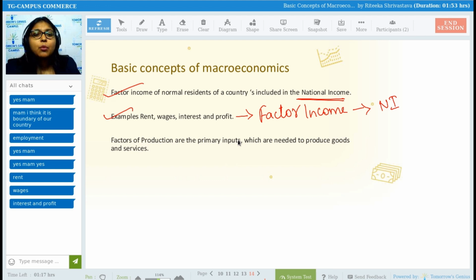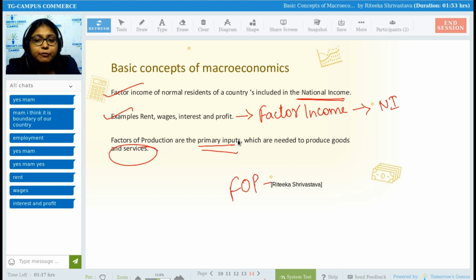So factor incomes are what? Factor incomes are the income received from providing the factor services during the production process. Factors of production are the primary inputs which are needed to produce goods and services. So all the factors of production are termed primary inputs.